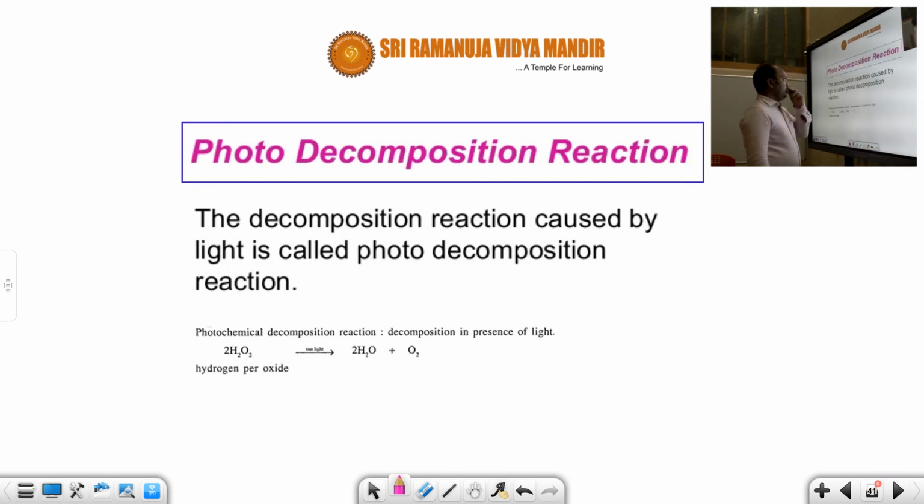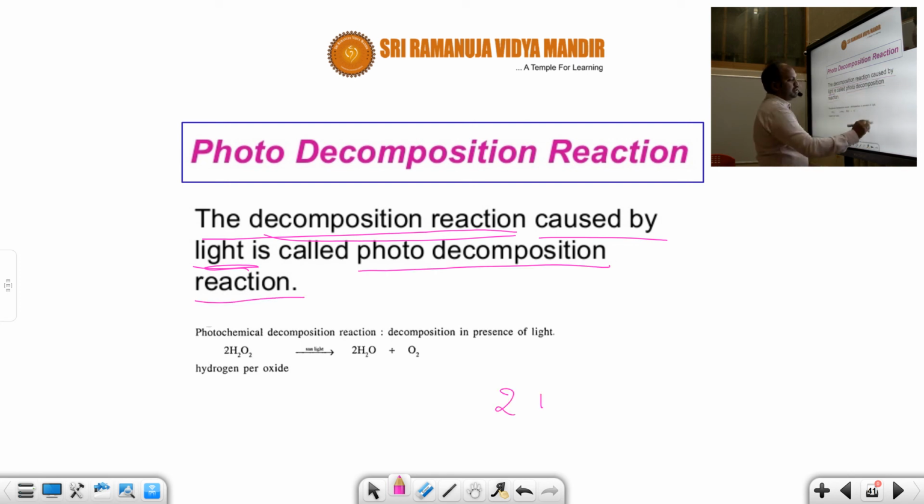After that, photo decomposition reaction. Decomposition reaction means a single substance can be broken down into two or more substances. Here it is the decomposition reaction caused by light. So in the presence of light, the decomposition reaction takes place. That is called photo decomposition reaction.